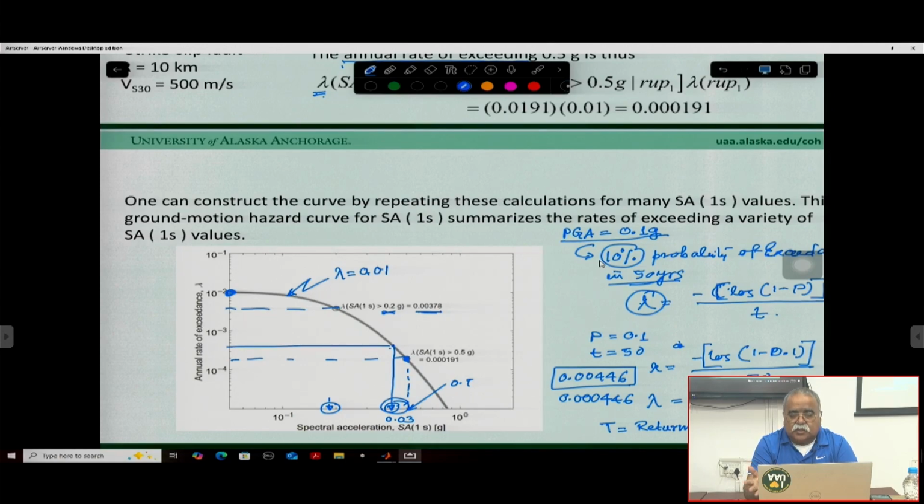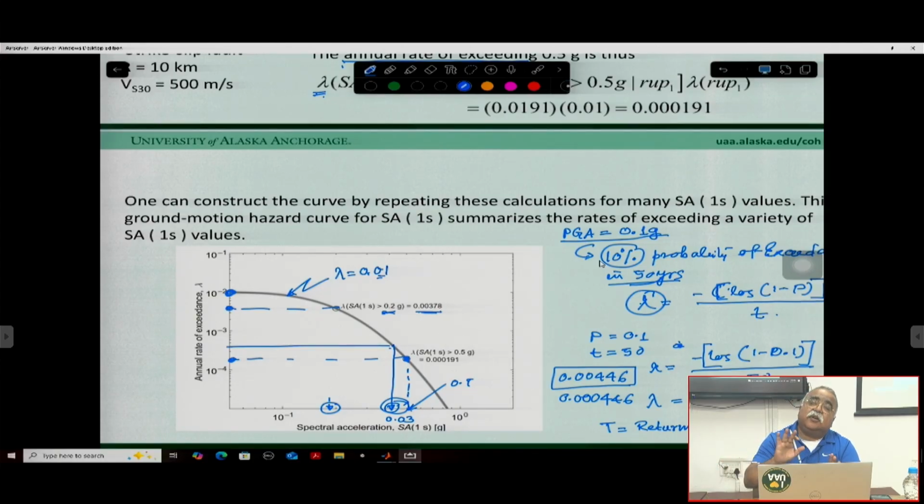This earthquake hazard map you will be seeing is a uniform probability. Here at 0.01, the annual rate of exceedance is this; at 0.2, the annual exceedance rate is this much.